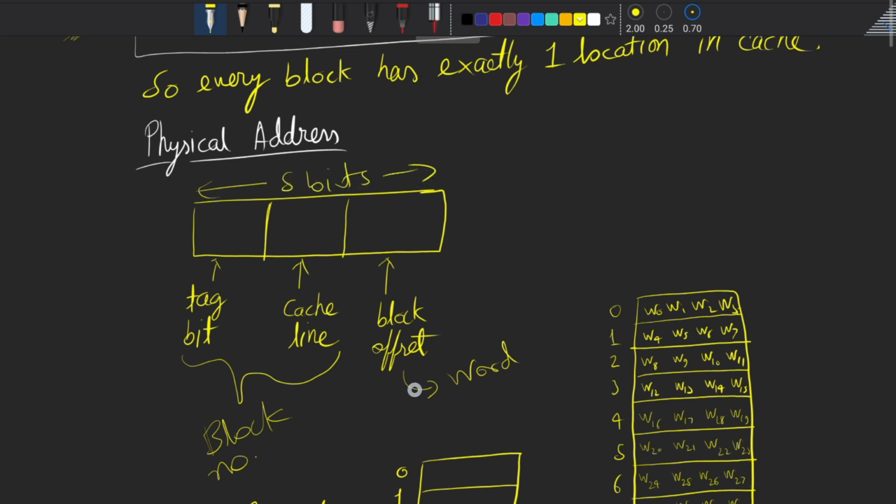Now, to know the block offset: since the block offset represents words and each block has 4 words, we can calculate how many bits we need to represent 4 words. So 4 is equal to 2 to the power 2, so we will need 2 bits. So the block offset will be 2 bits. Now we have the cache line and tag bit.